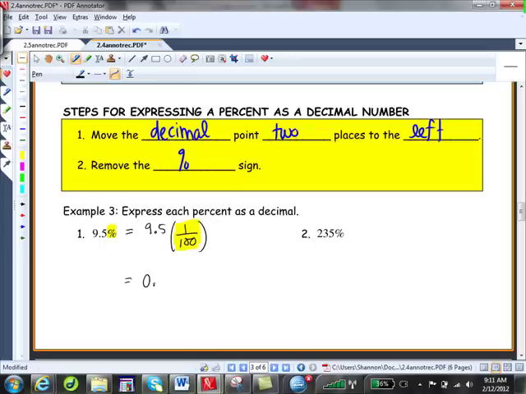So we will have 0.095. So that comes to 95 thousandths. Okay, go ahead and give number 2 a shot and see how you do.